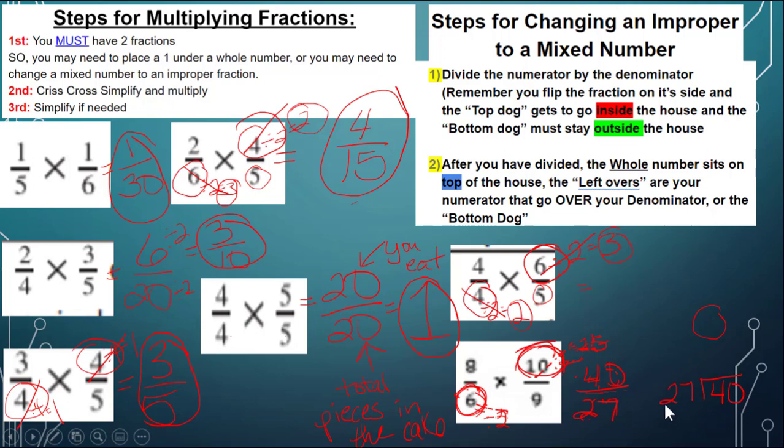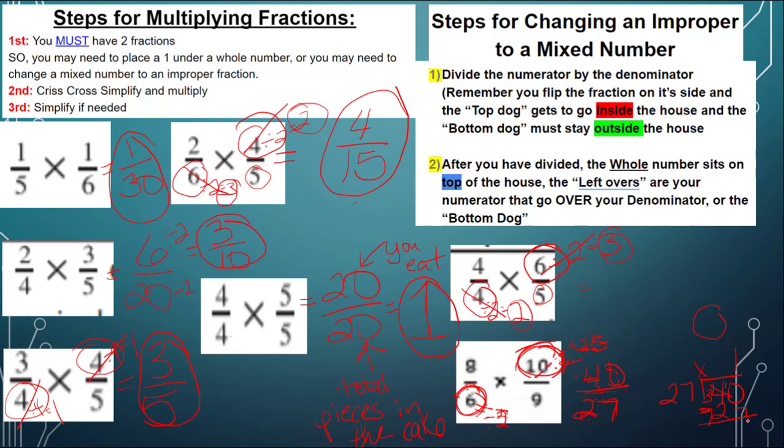First step goes into. How many times can 27 go into 4? Well, it can't because 4 is smaller than 27. How many times can 27 go into 40? 1. 1 times 27, 27. Now we subtract. Borrow from the 10's house.